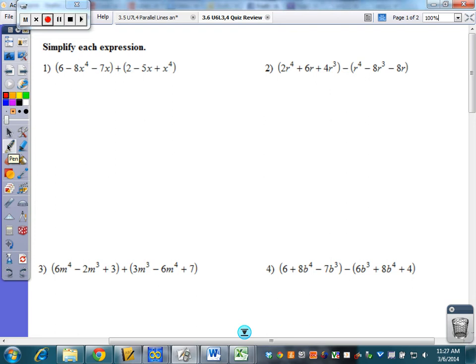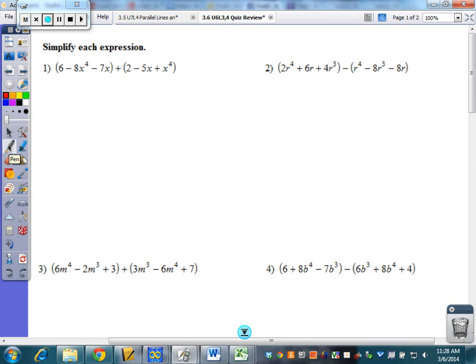So this first one right here, we are adding a quartic trinomial, 1, 2, 3 terms, to another quartic trinomial. When we're adding them, we can do it a number of different ways.